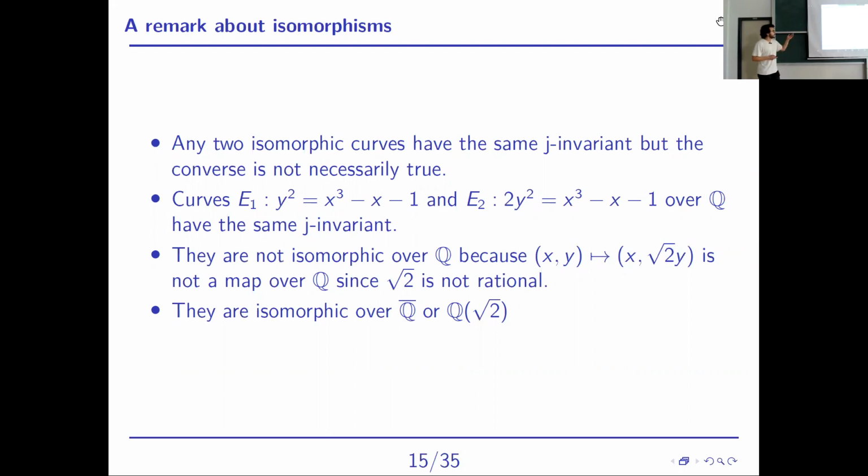Because in order to write a map from one curve to the other, I would have to write a map like this, and square root of 2 is not in Q. Therefore, this is not a map over Q. It's a map over either Q adjoin square root of 2 or the algebraic closure of Q. So they are isomorphic. If they have the same j-invariant, they are isomorphic over the algebraic closure of the base field.